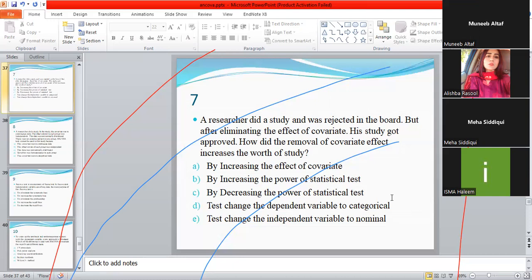By increasing the effect of covariate, by increasing the power of statistical test, by decreasing the power of statistical test, to change the dependent variable to categorical, and to change the independent variable to nominal. B. Yes, B is the right answer. The application of the ANCOVA test is increasing the power of the statistical test.